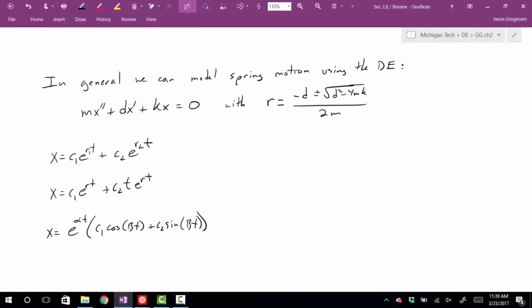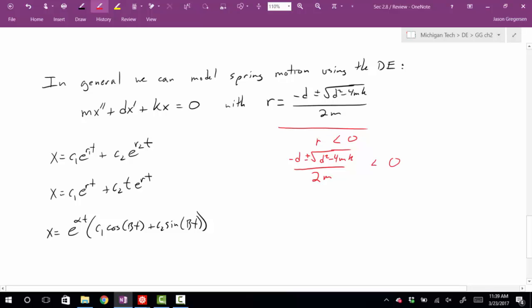And if I remember that, I can look at the form of these roots. And I'm basically making the argument that R has to be less than 0, right? Does that have to be true? Well, this is R. I'm claiming it's less than 0. Let's kind of solve this, right? I'm going to multiply both sides by 2m. I'll get this.